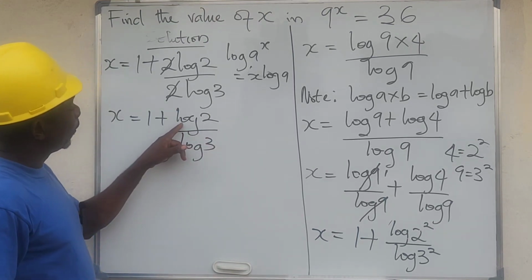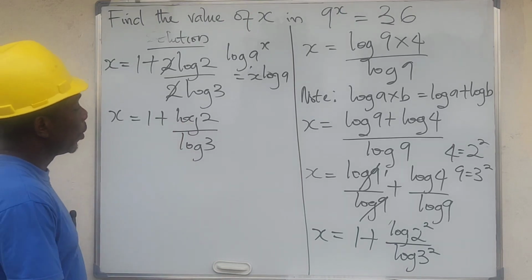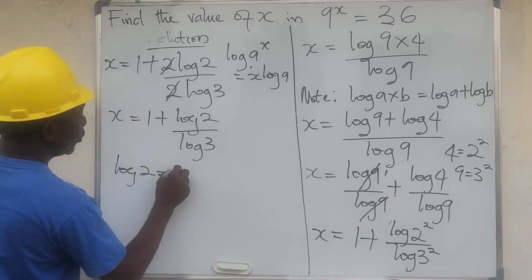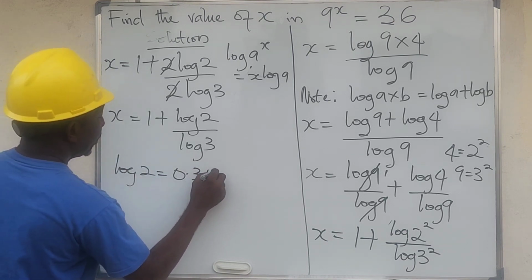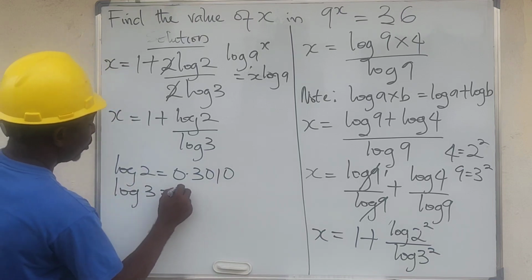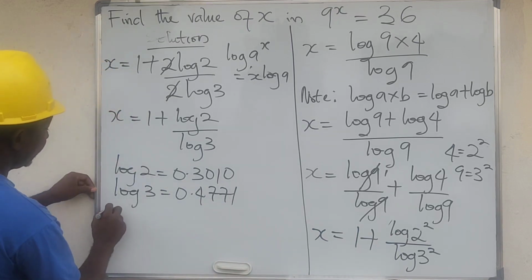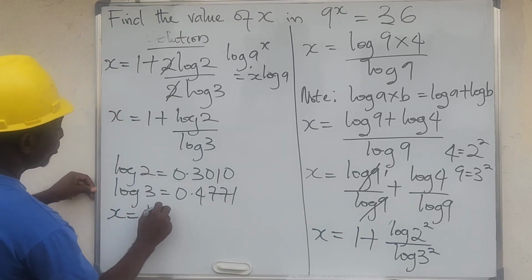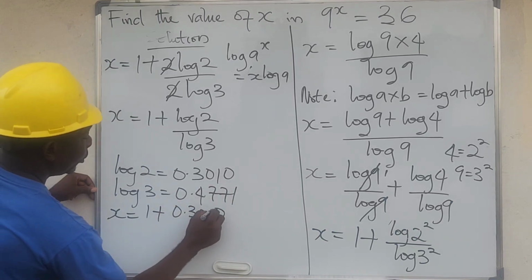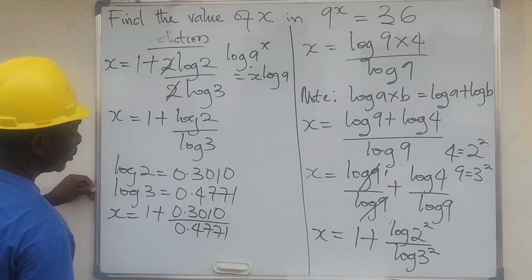So we need the values of log 2 and log 3, where log 2 equals 0.3010 and log 3 equals 0.4771. Our x will become 1 plus 0.3010 all over 0.4771.